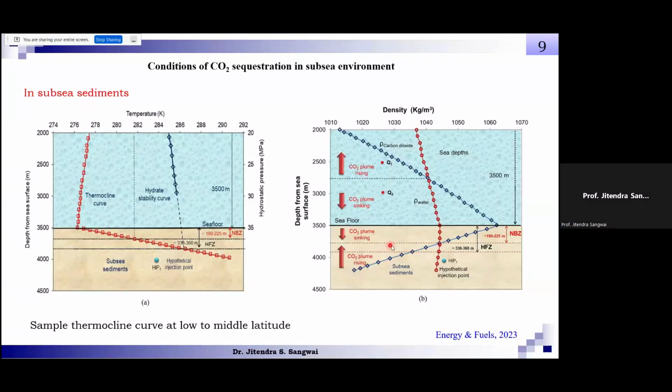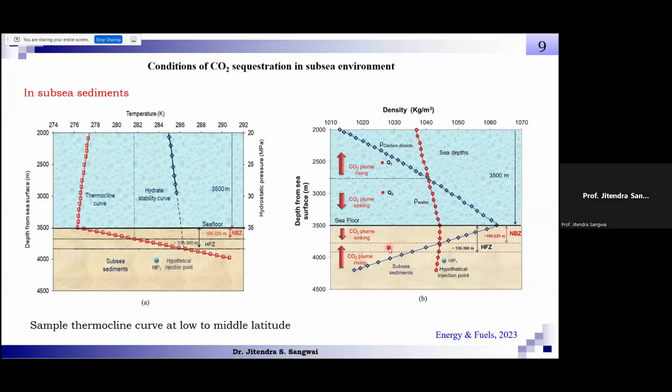However, the moment it comes somewhere here and tries to escape again upward, it will feel heavier, because at this condition, as I said, the density of the carbon dioxide, based on this graph, is more than the water.